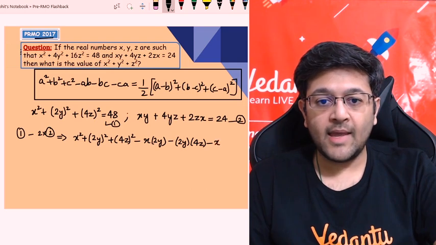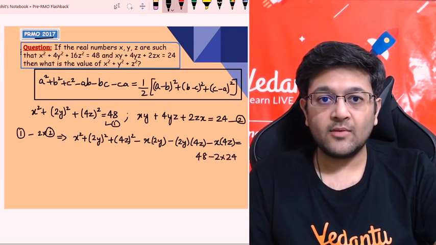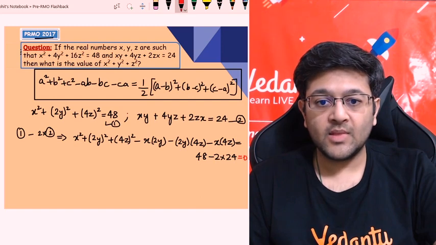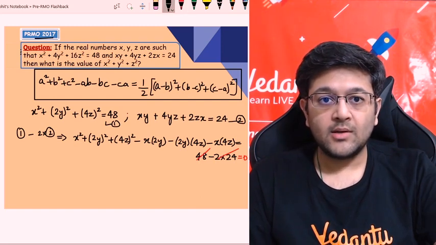So it will be x into 4z equal to, on the right hand side, 48 minus 2 into 24, right, which is 0. This will just cancel out, right?